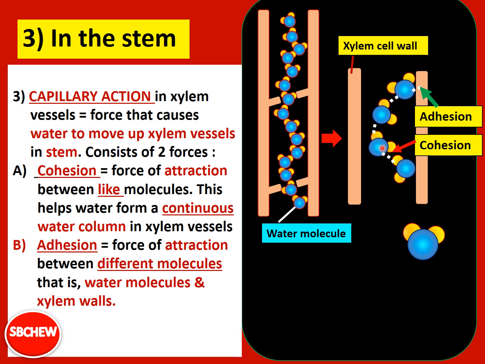Thus, in this way, the water molecules are able to stick to one another, and when they are pulled up, they will be pulled up as one continuous water column.